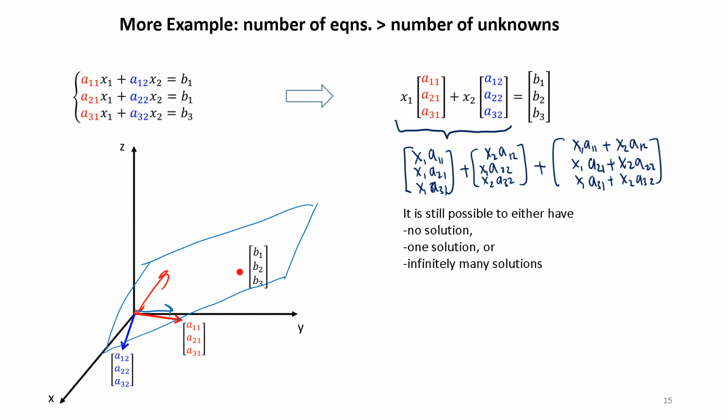And this whole thing equals this b. So the first component equals the first equation, then the second equation, third equation.